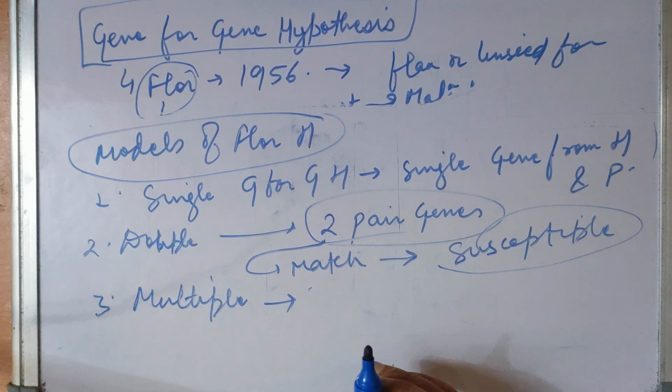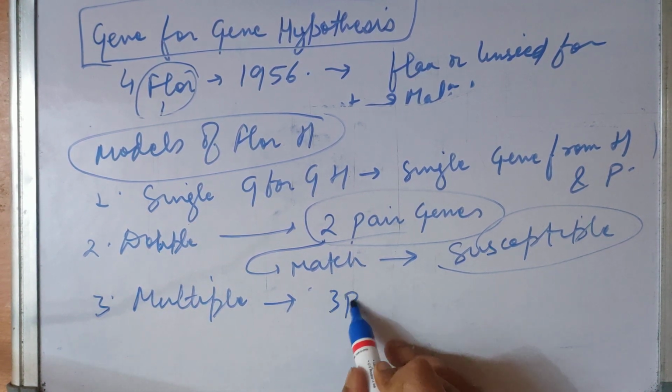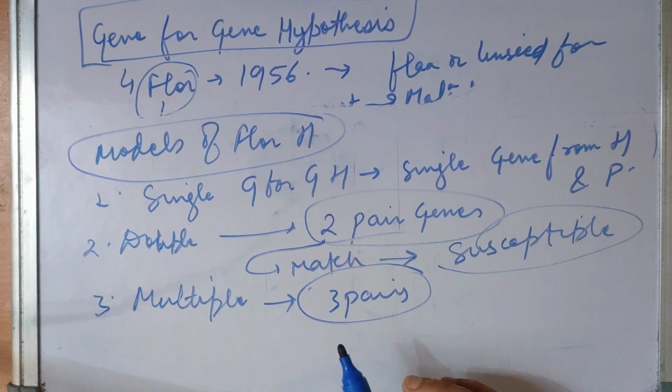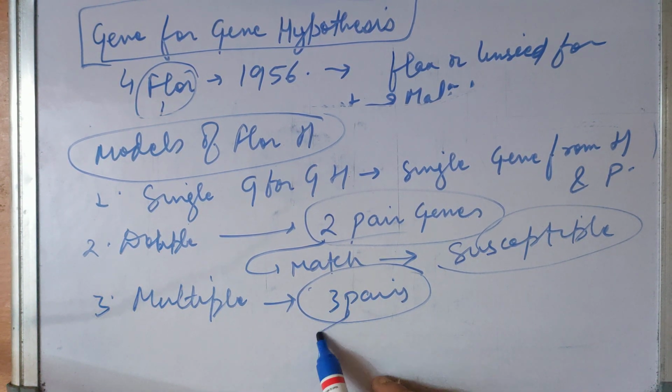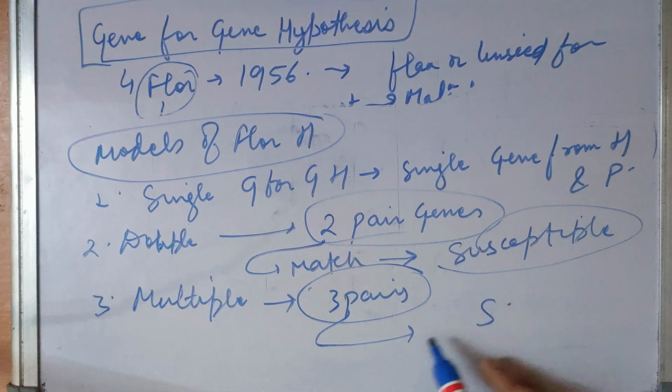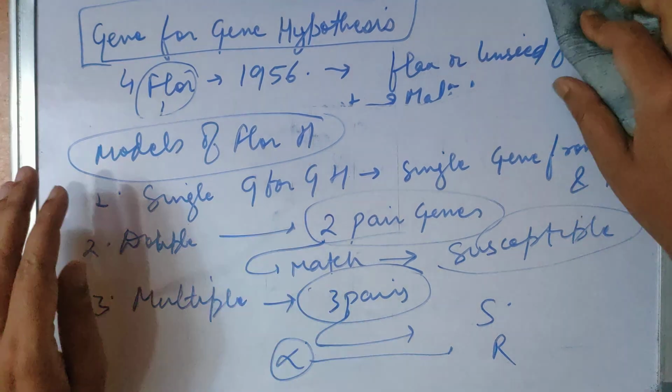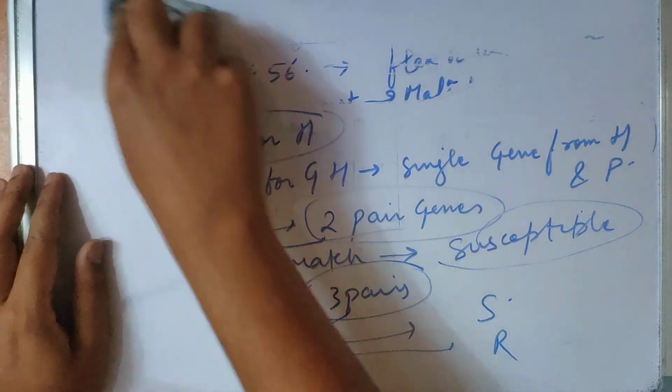Here three pairs are involved, and if all the pairs match, then the reaction will be susceptible. If all the pairs or any one of the pairs do not match, then the reaction will be resistant. Hope you all understand this. So this was all about the gene for gene hypothesis.